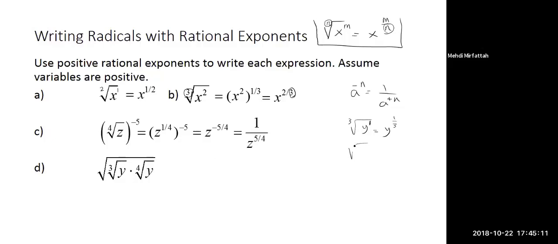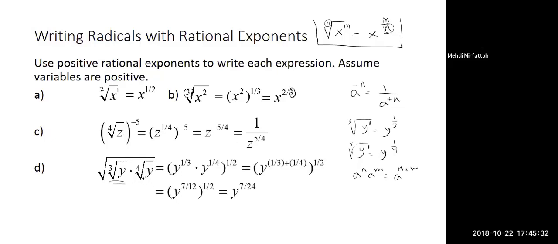If I have 4th root of y, what does that equal to? Y to the power of 1 over 4. Very good. And then if I multiply this together, then I need to use this property to add them. Remember, you add the exponents when you multiply. Okay, we're going to use all these properties to simplify this one. So this one here would be y to the power of 1/3.